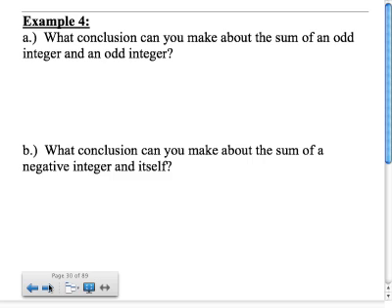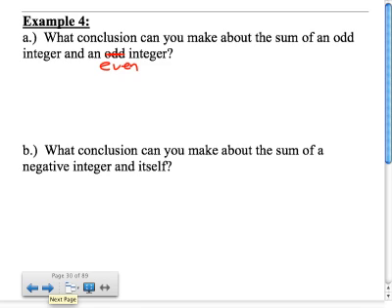All right. What conclusions can you make about the sum of an odd integer and an even integer? I want to change this to even integer. I changed it in your notes, I didn't change it on here. So if you add up an odd and an even, what do you know about it?